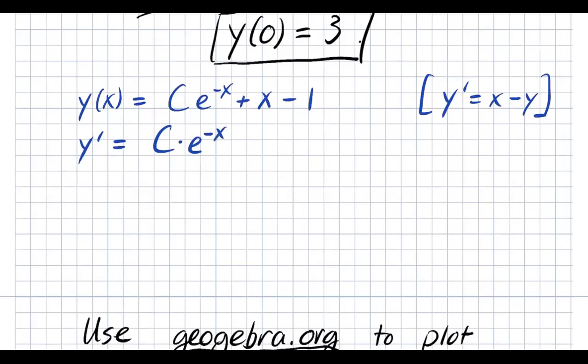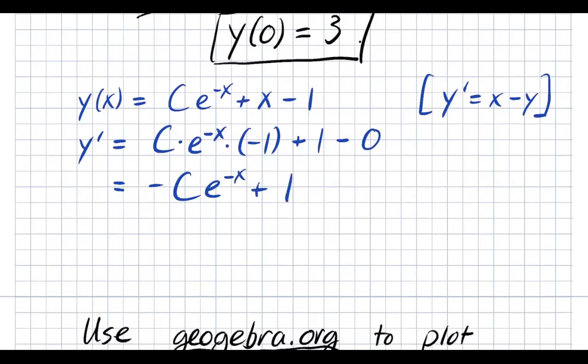We take the derivative of the outside function, and then multiply by the derivative of the inside function. The derivative of negative x with respect to x is negative 1. Plus the derivative of x, which is 1, and minus the derivative of 1, which is 0. So we get negative c e to the negative x plus 1.